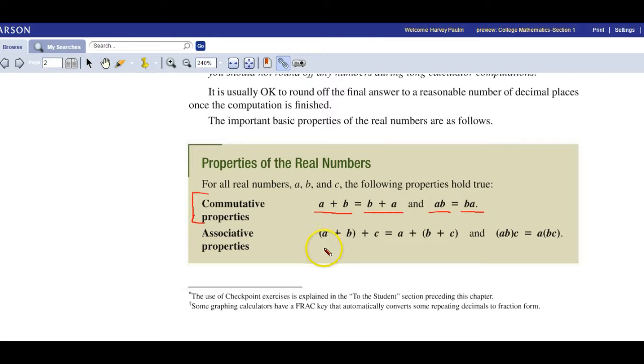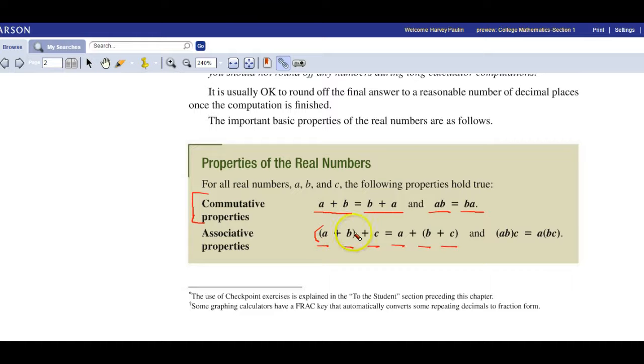Now, another famous one is you have the letters A, B, and C, and it's plus A, B, and C. The order is exactly the same, but we are grouping them differently.